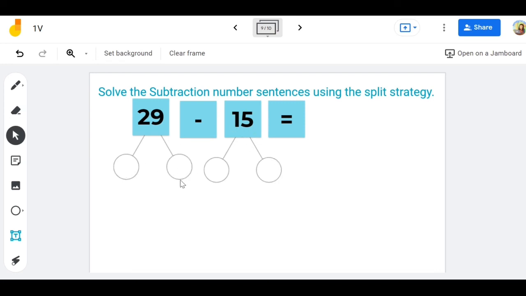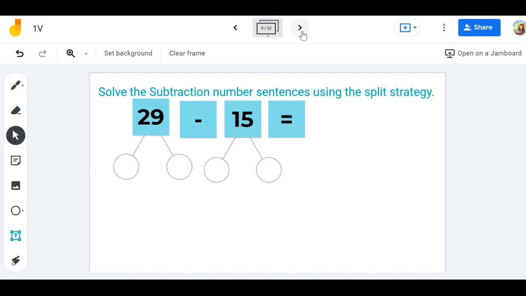We want to see if we can use a different strategy, and we're practicing splitting the numbers into tens and ones. Okay. Again, if you need to on your Jamboard, it's really good. You can go back, you could use your tens, write your number sentence on a piece of paper, and then you could go back to the Jamboard and practice and see if you could work it out using the tens and ones that way, if it makes it a little bit easier for you.